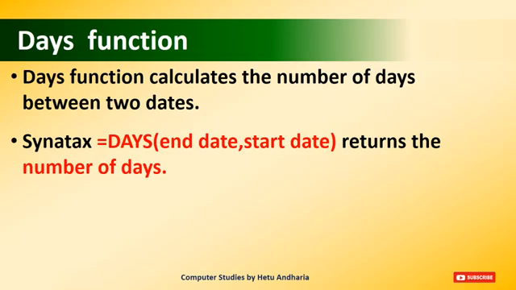And if you store this function in such a way that inside if you use the date as today, then every day as the birthday is coming closer, this thing also will change. So the syntax is equal to days into bracket ending date comma start date. It will return the number of days.